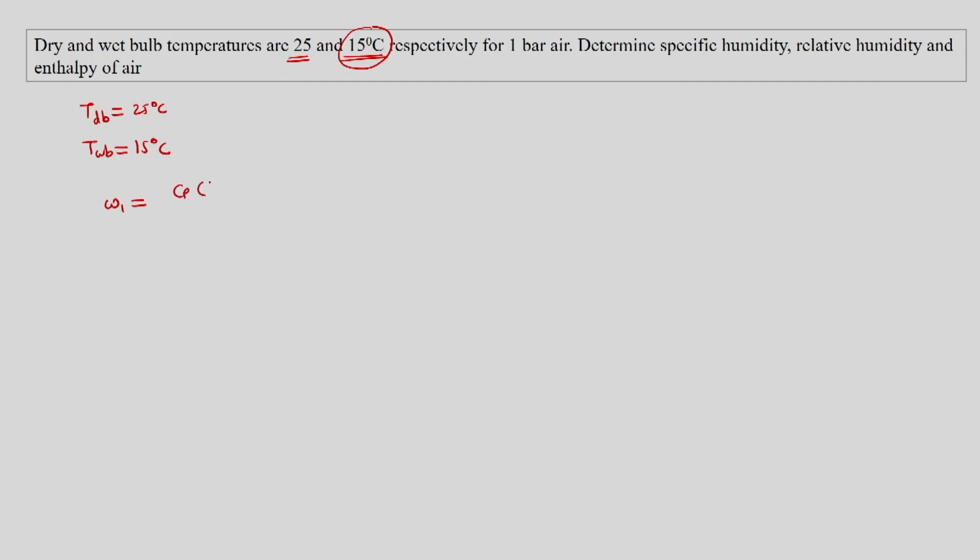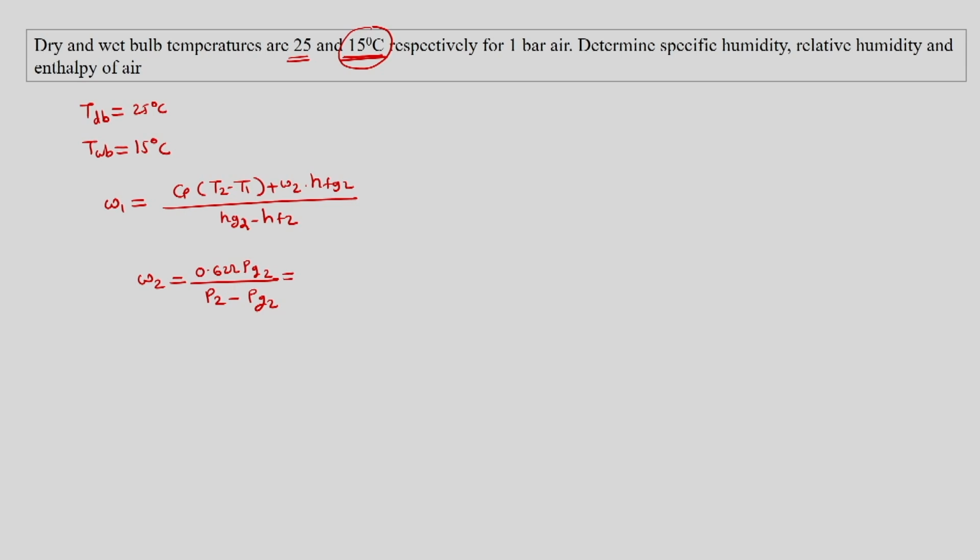Omega 1 is Cp into (T2 minus T1) plus omega 2 into Hfg2, divided by (Hg1 minus Hf2). Here we know that this air would be saturated at 15 degrees Celsius. So for that omega 2 is 0.622 Pg2 divided by (P2 minus Pg2).